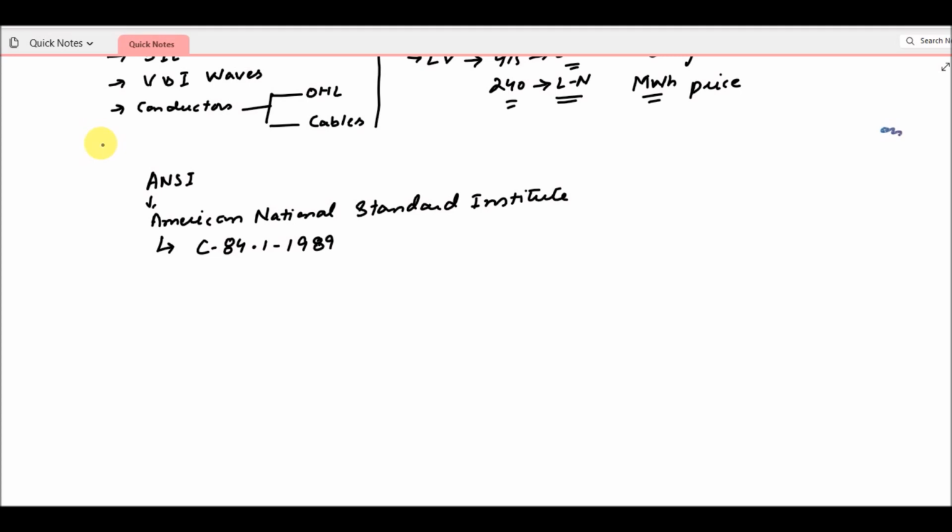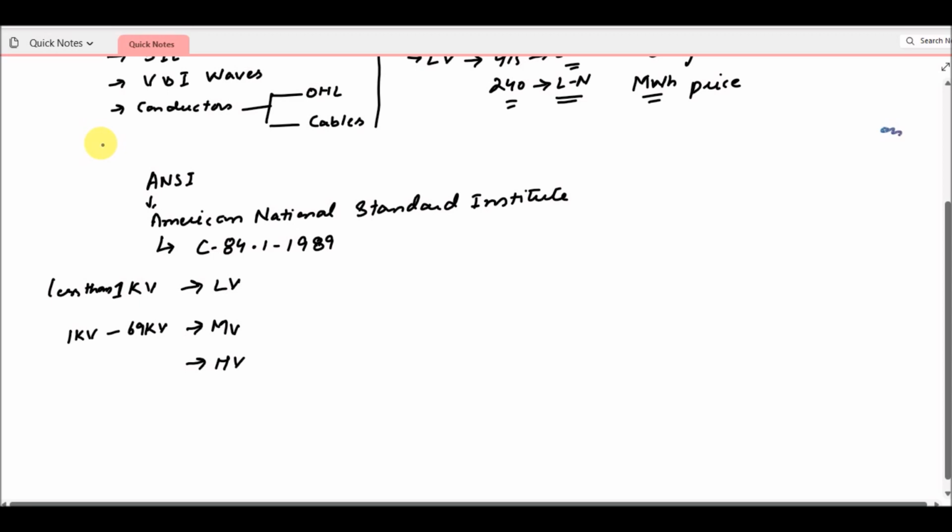According to this standard, voltages less than 1 kilovolt are low voltages. For medium voltage, the voltage should be between 1 kilovolt and 69 kilovolts. For high voltage, it should be between 69 and 230 kilovolts.